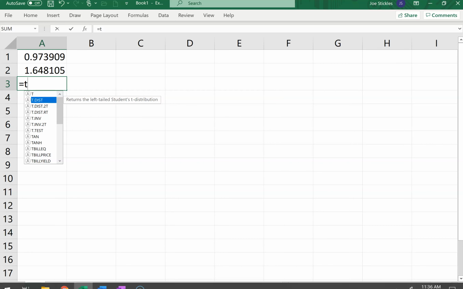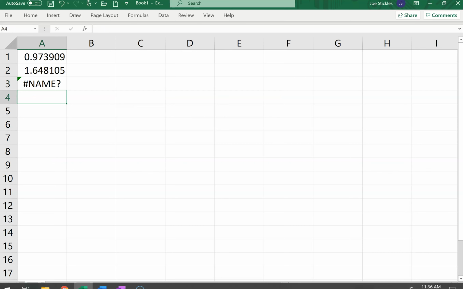And we're going to do more of this as we go along. I just want to give you an introduction to it. Oops, I forgot to tab instead of enter. There we go. All right, so notice that the syntax is plug in the probability and plug in the degrees of freedom.